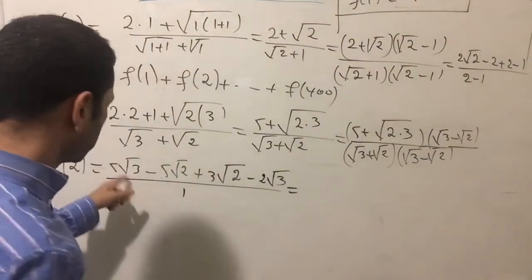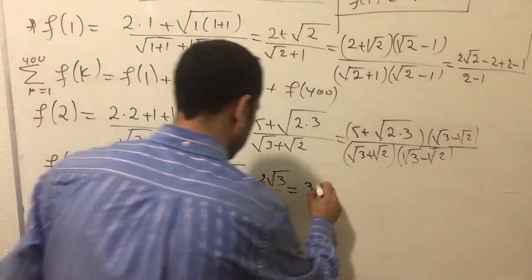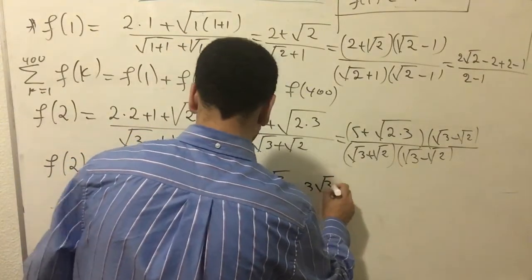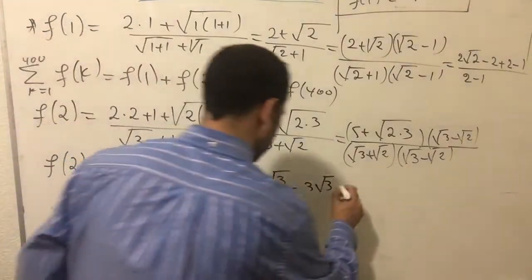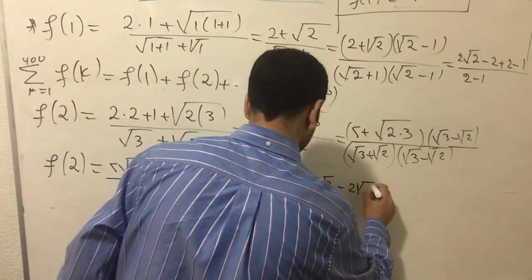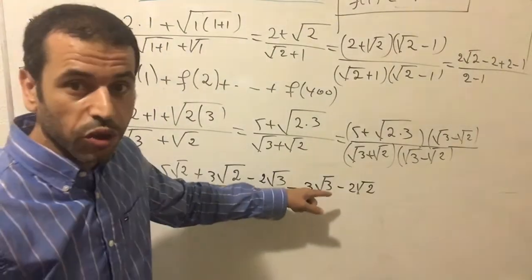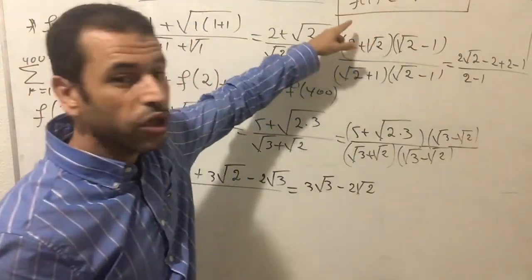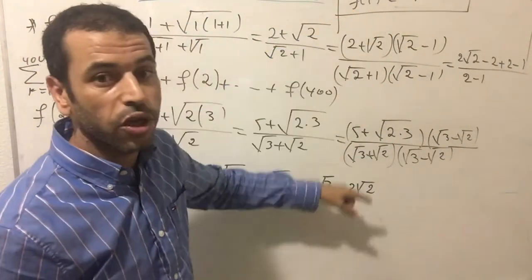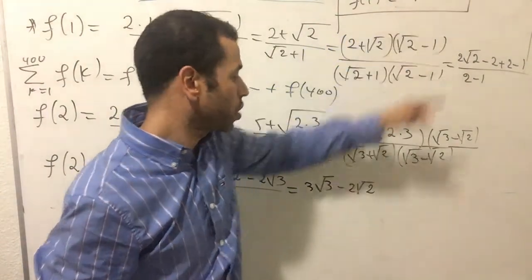I'm going to calculate these numbers. So 5 square root of 3 minus 2 square root of 3, which is 3 square root of 3, minus 5 square root of 2 plus 3 square root of 2, which is minus 2 square root of 2, okay? If you take a look at the first term, f of 1 equals 2 times square root of 2 minus 1.